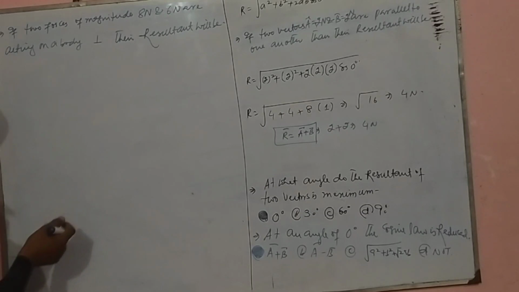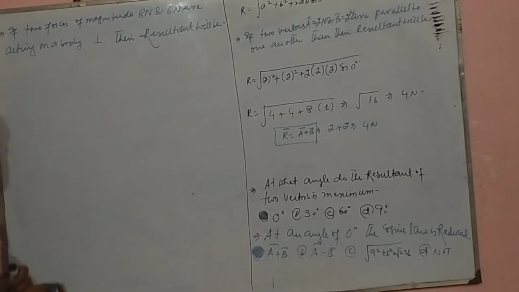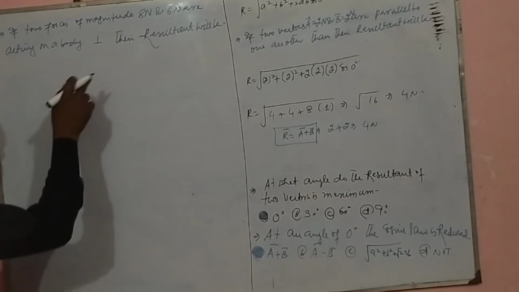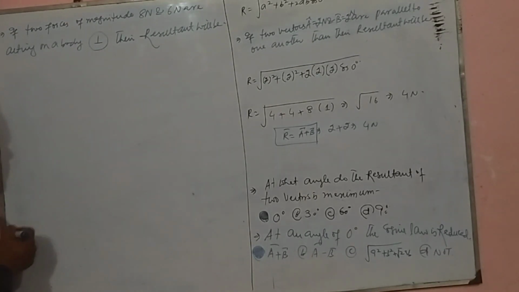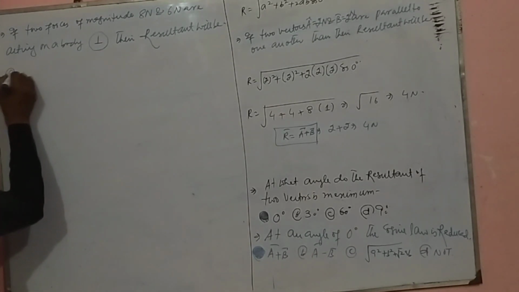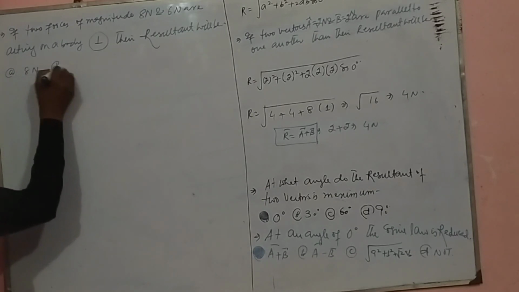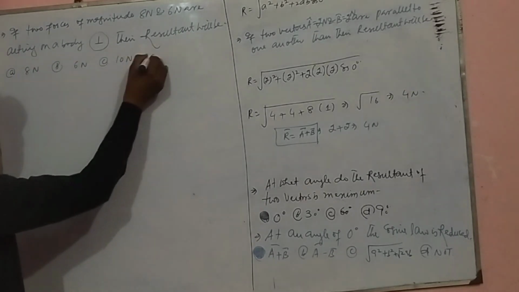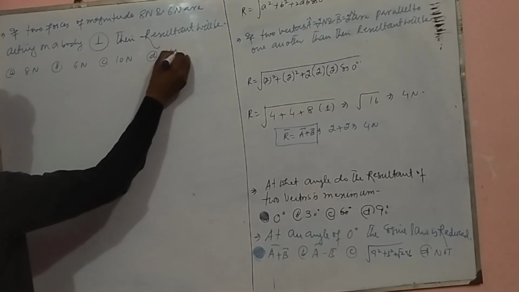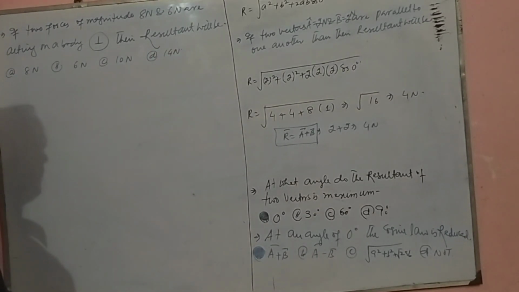So let's say, what will be their resultant? If we take the resultant of these two at an angle of 90 degree, because the angle is perpendicular, option A is 8 Newton, option B 6 Newton, option C 10 Newton, option D 14 Newton. What will be the correct answer?